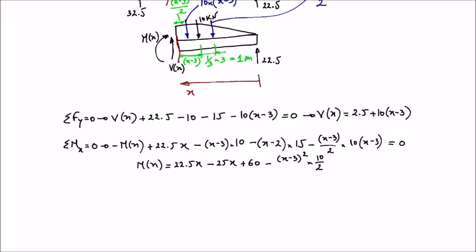So I'm going to continue here, so we can say Mx is going to be equal to minus 5(x minus 3) squared minus 2.5x plus 60.